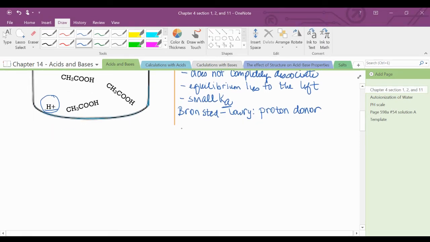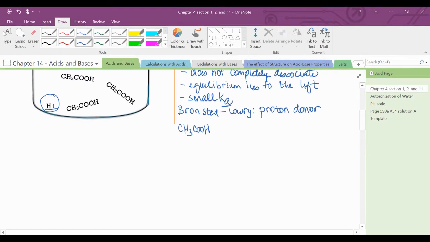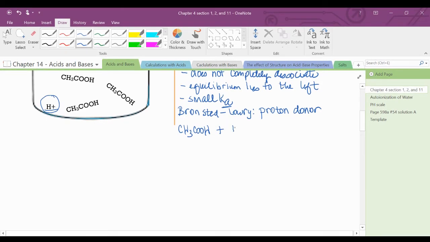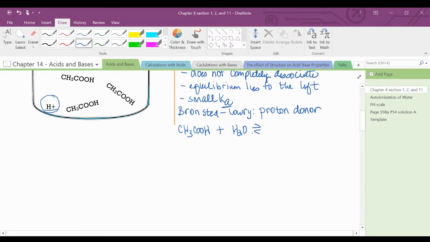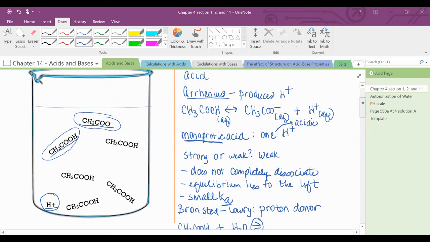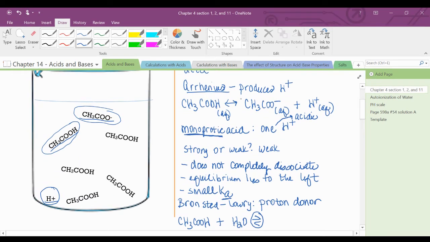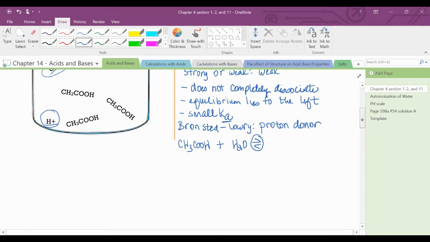All right, so again, we would have our molecule CH3COOH. Now in this case, we're going to show that it's reacting with water. Okay. Now, when we write equations and something's a weak acid or base, notice that the equations have a double-sided arrow, which means it's reversible. And so here's that one acidic hydrogen.